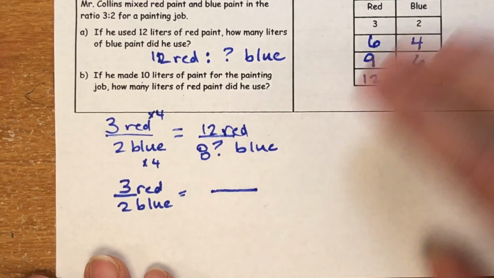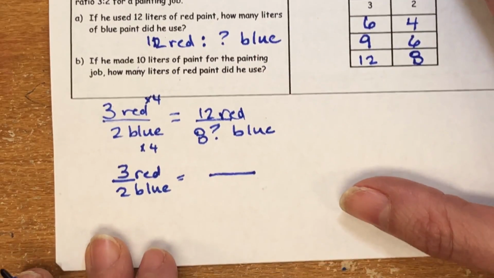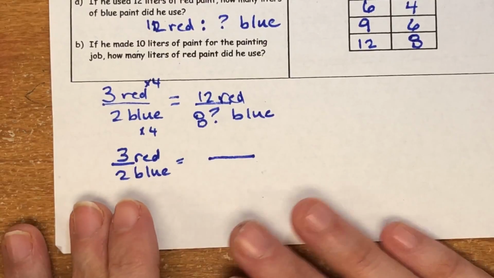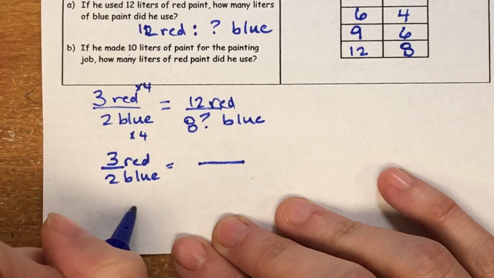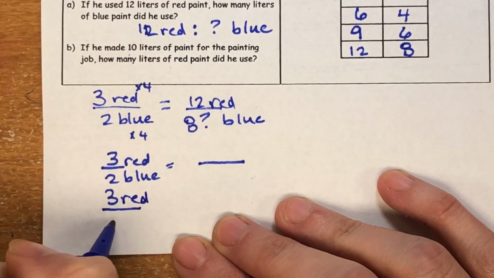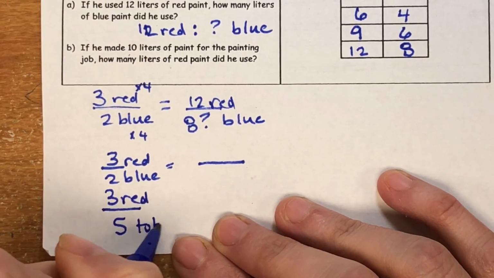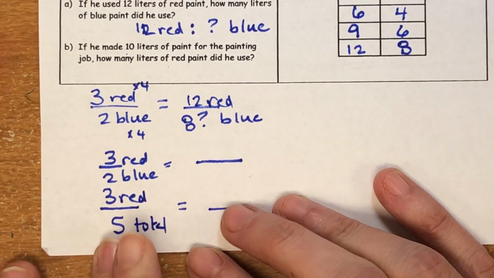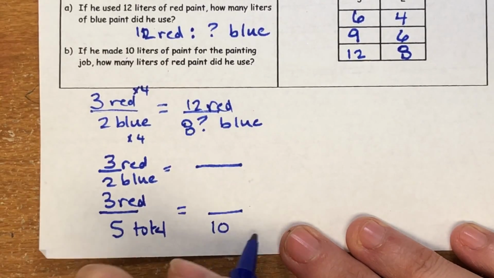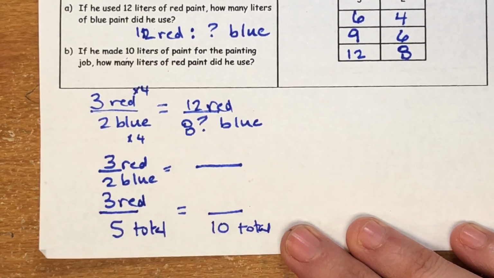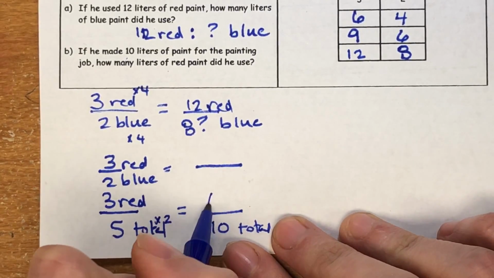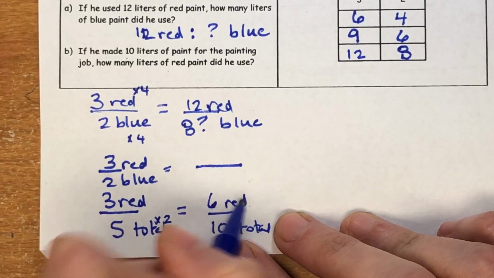So 3 red and 2 blue, how many total is that? 3 plus 2 is 5 total. And I know the total here is 10. So how do I get from 5 to 10? I'm going to multiply by 2. So how many red did he use? He used 6 red.